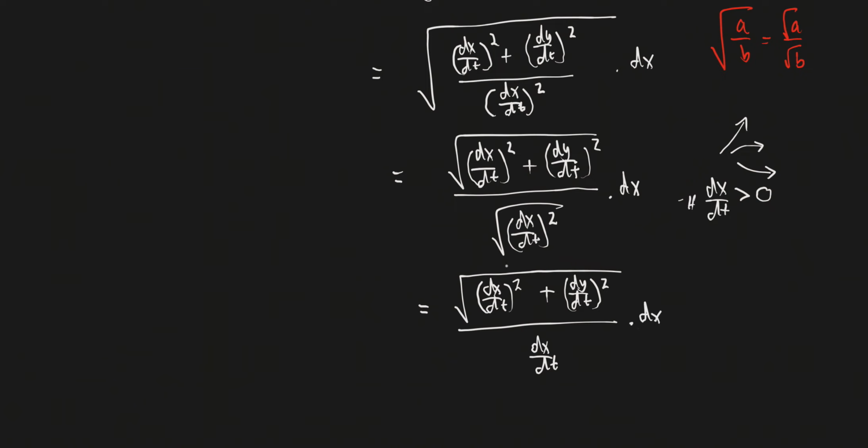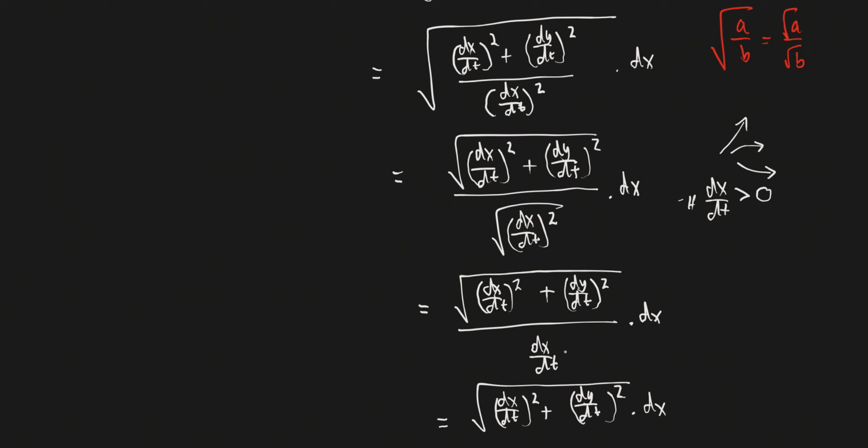Now think about what this expression is saying: take this radical and divide it by this fraction. Think of how we divide by a fraction. We multiply by its reciprocal. So I'm going to keep that radical as it is, and I have my dx, that's not going to change.